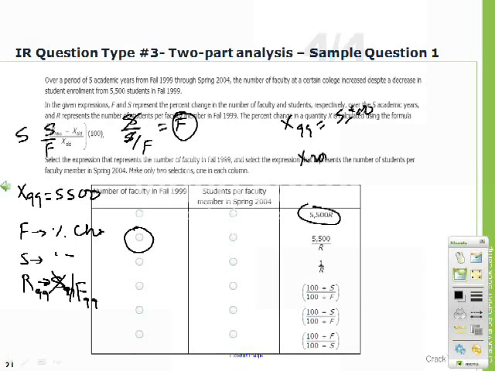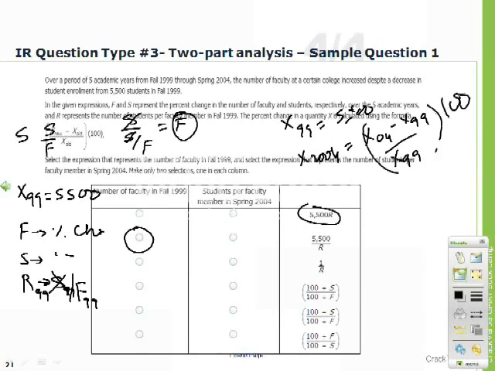So the percentage change approximately will be X04 minus X99 upon X99, and this is a percentage, so it will be into 100.